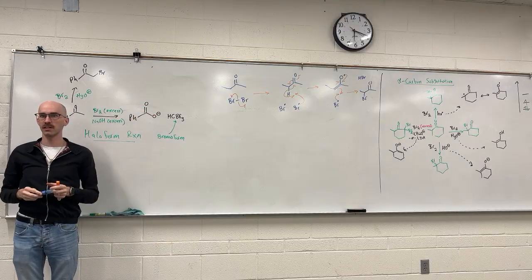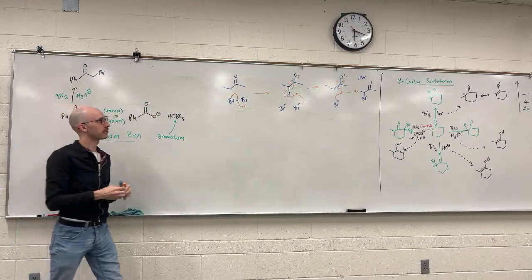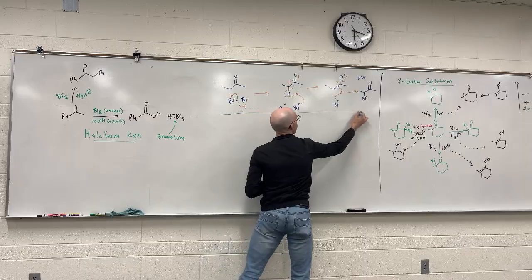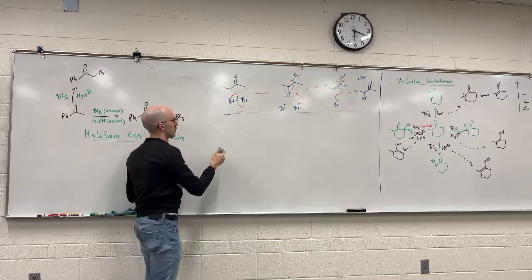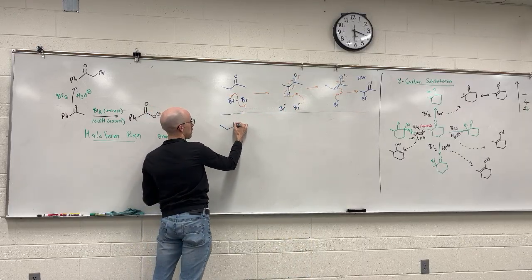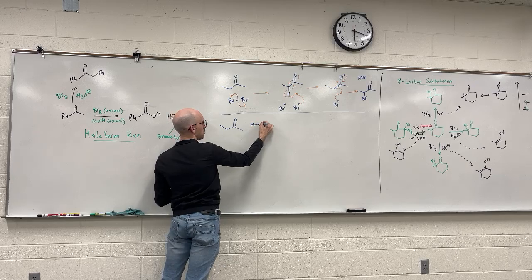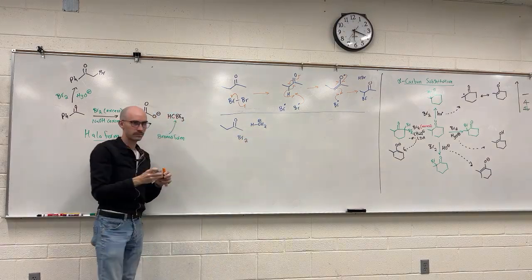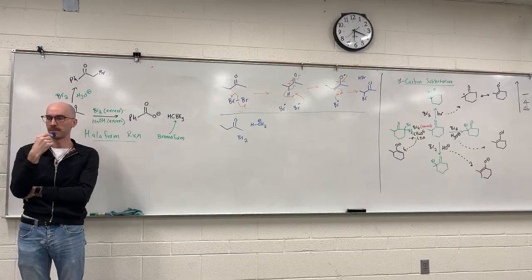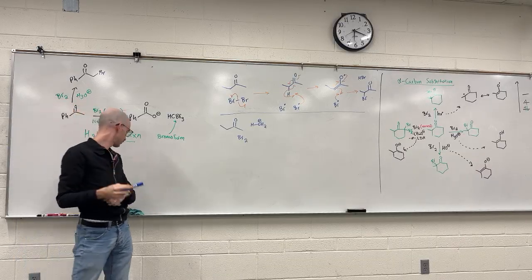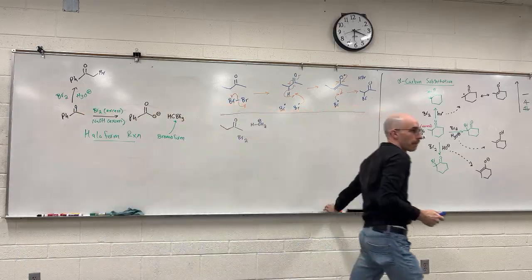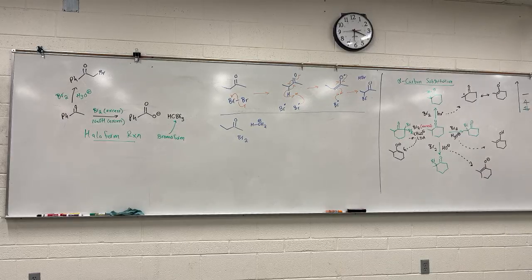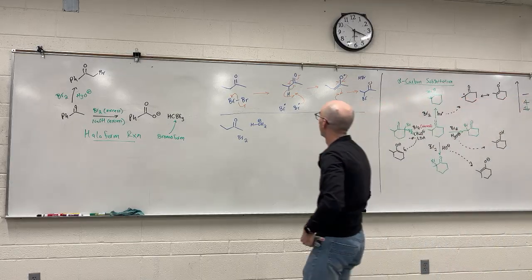Alpha halogenation by radical substitution. But the bromine substitutes onto the more substituted carbon, right?